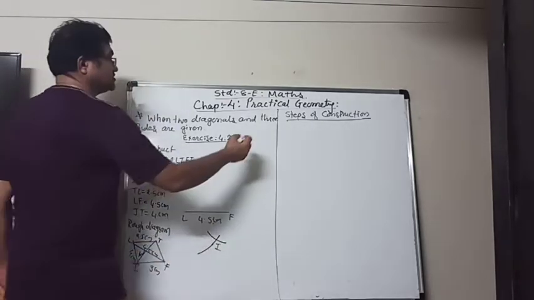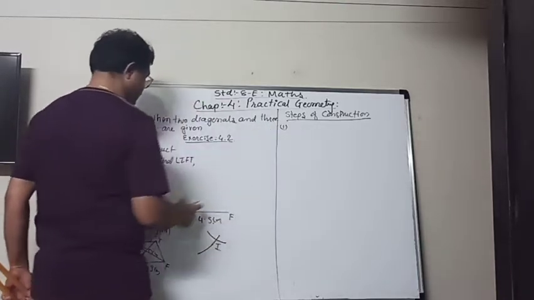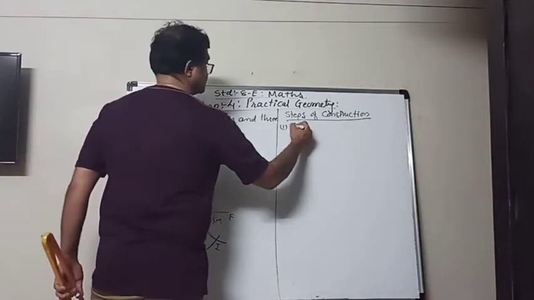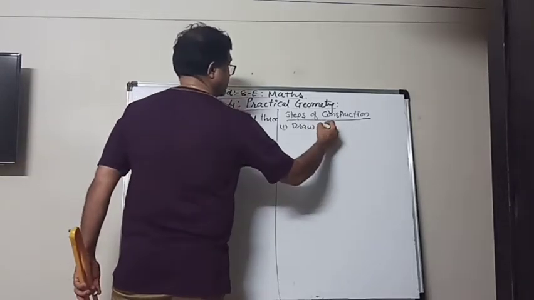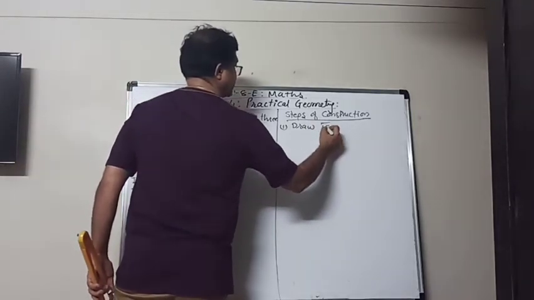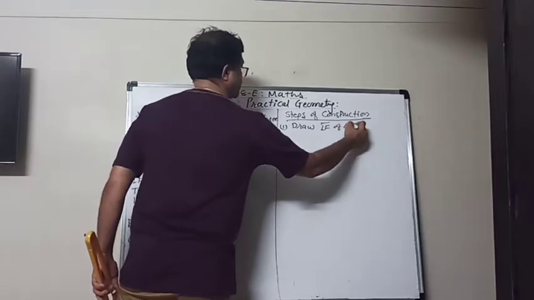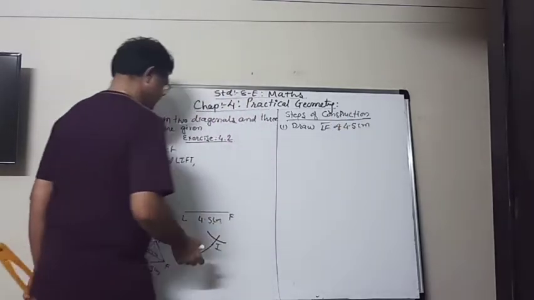Now there are 3 steps we have to write down. First, draw line segment LF of 4.5 centimeter.